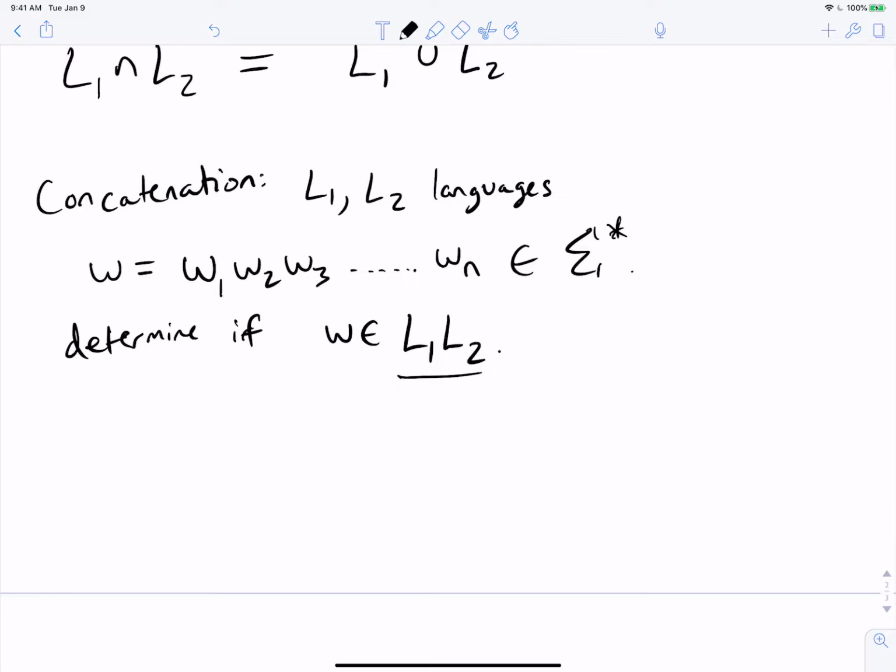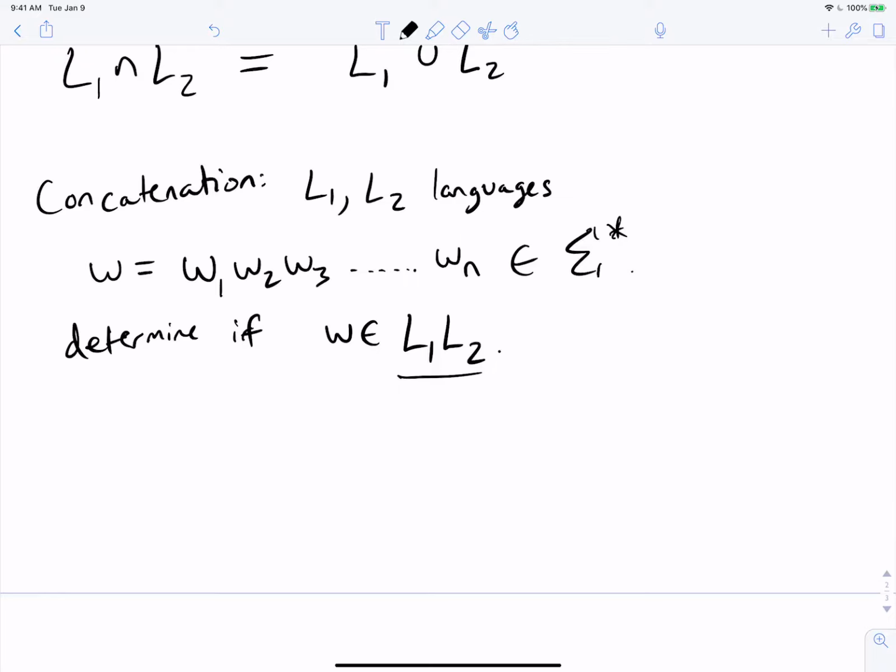So if we wanted to determine if W is a member of L1 concatenated with L2, that means there's some split in the W string, let's just say it is this split right here. This is the scenario we want to determine.